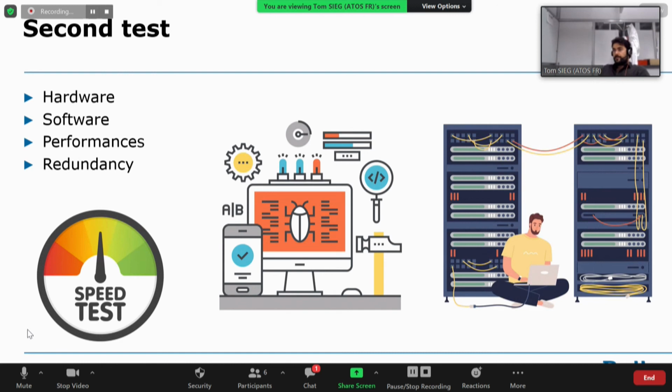So you will test the processor working with the memory, working with GPU in some cases, and working with the storage if you do it with storage usage.